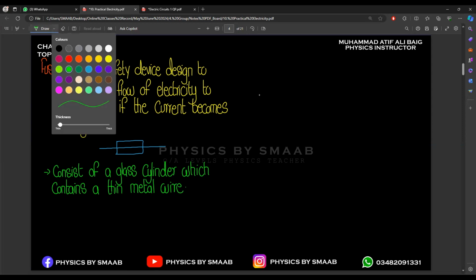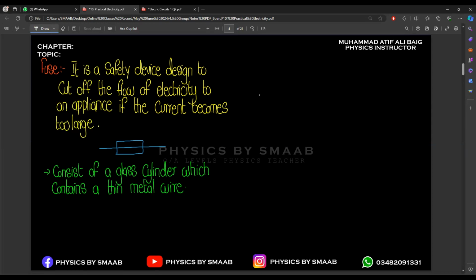And when the value of electric current becomes too large, what happens with the fuse? When the value of electric current becomes too large, the wire heats up and it will melt. And when it melts, definitely there will be a gap in the circuit, so the circuit will be incomplete over there.